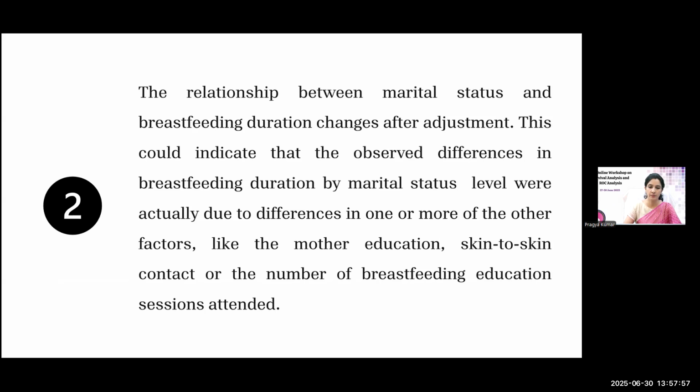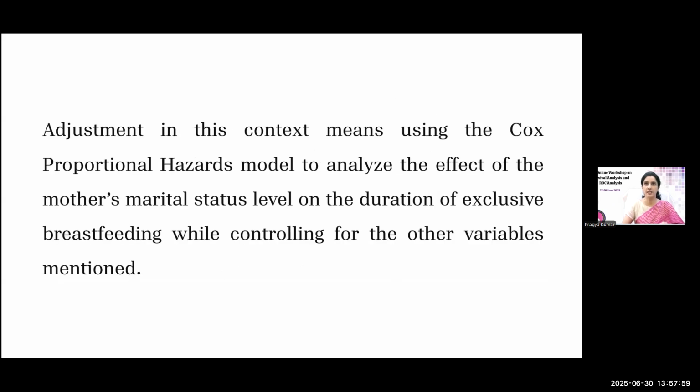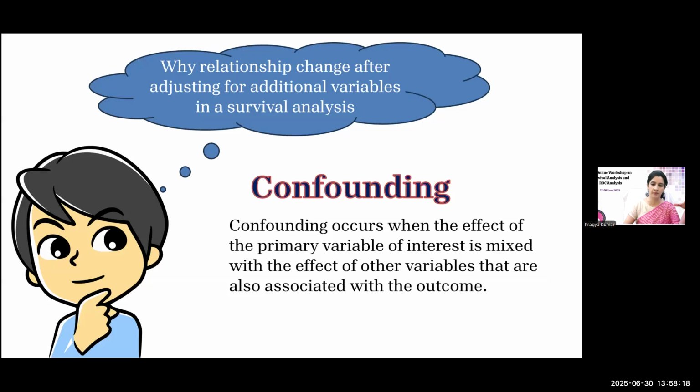This adjusted survival curve we got through the Cox proportional hazard model, where we entered these variables together along with the other variables, and it gave you the output for a single variable.